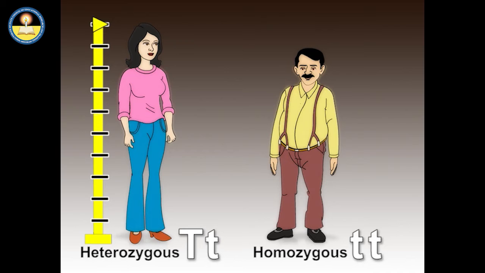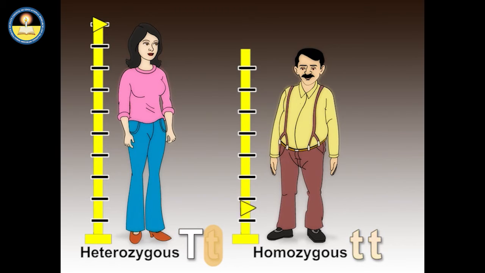Physically, she is tall because T is dominant and masks the allele for shortness, and he is short because he has homozygous alleles for shortness.